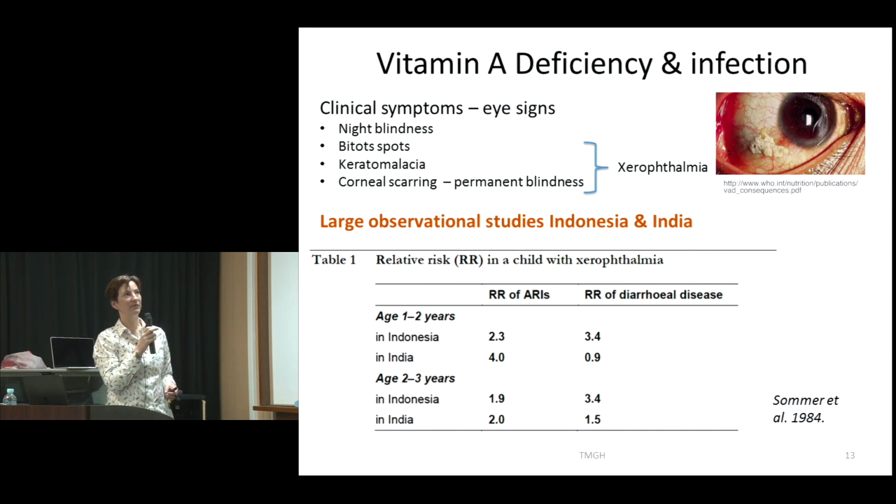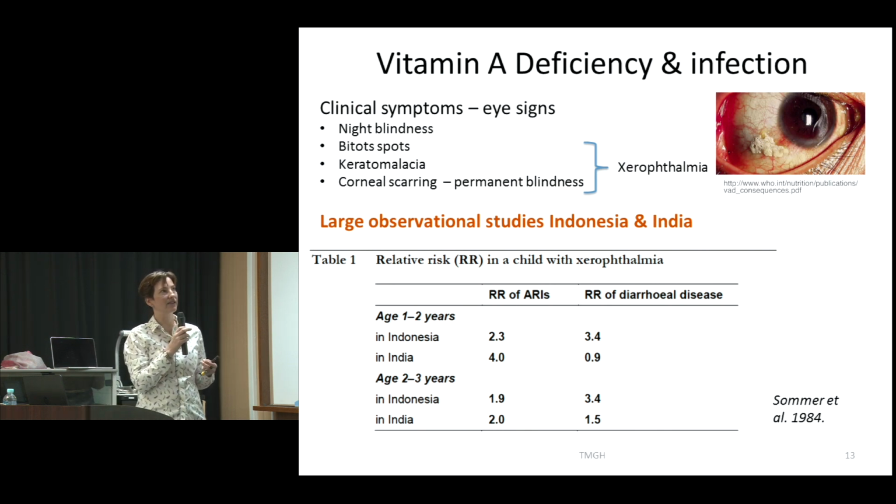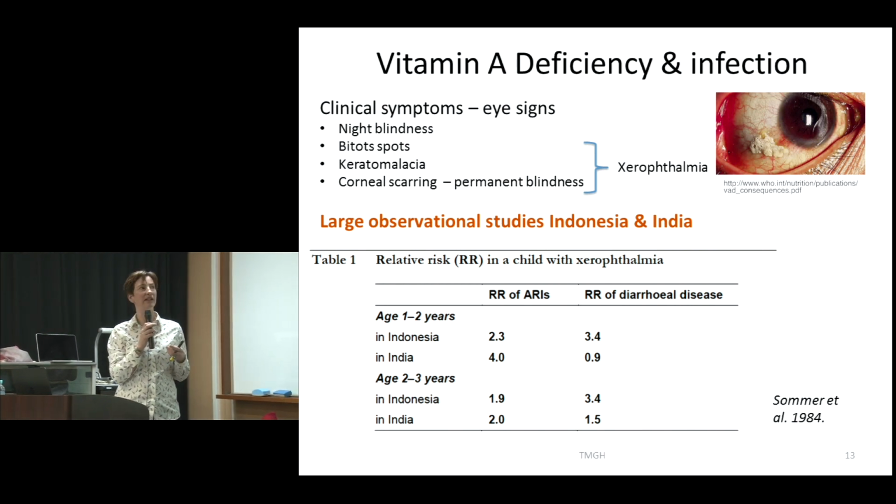So just a little bit more on vitamin A deficiency and infection. Vitamin A deficiency really became known when it's most extreme and you start to see these eye signs.